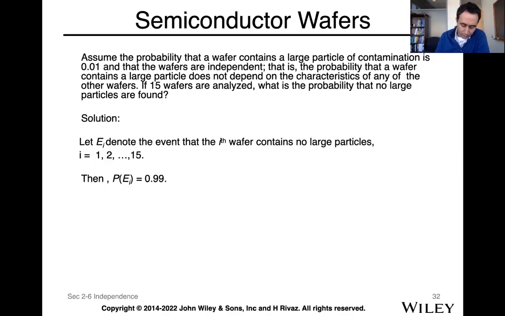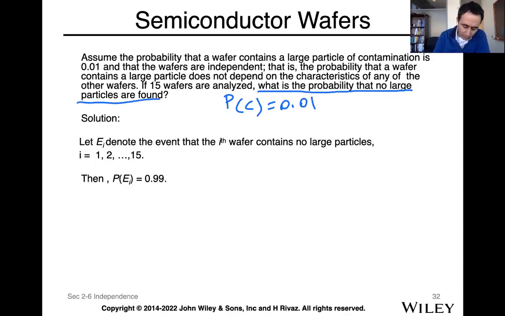So we know that the probability of contamination is 0.01, or 1%. We want to calculate the probability that in 15 parts, there's no contamination.